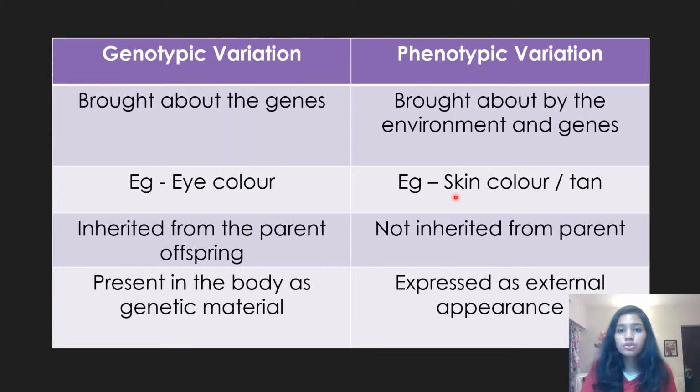Phenotypic variation is not always inherited from the parent because it is brought about by the environment and genes. It is not completely inherited from the parent, okay? Because obviously the environment plays a role in it. So that is a very important point. It's controlled by genes and the environment, and it is expressed as your external appearance.